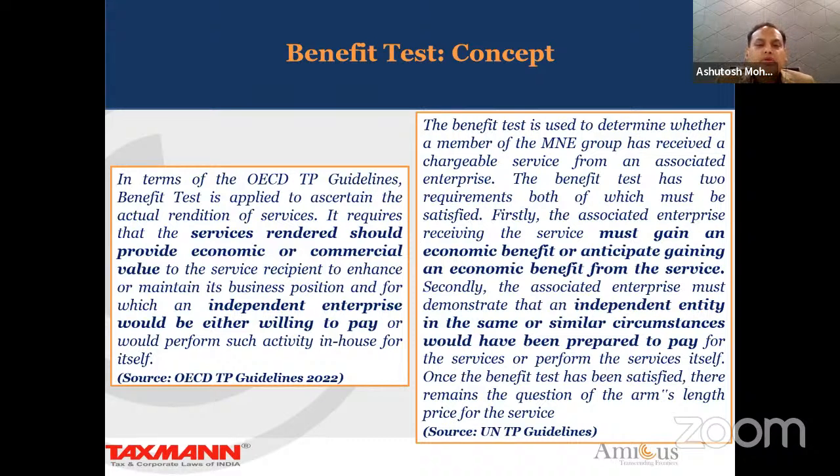One prong is that the service must have some economic or commercial value. The second prong is that an independent enterprise should be willing to pay for such a service. The second test really is a test of an arm's length simulation, whether in third-party circumstances, an independent enterprise would be willing to pay for receiving a service of this kind.